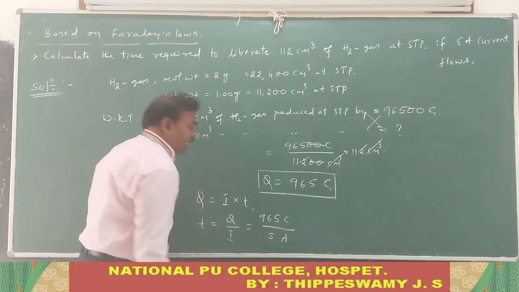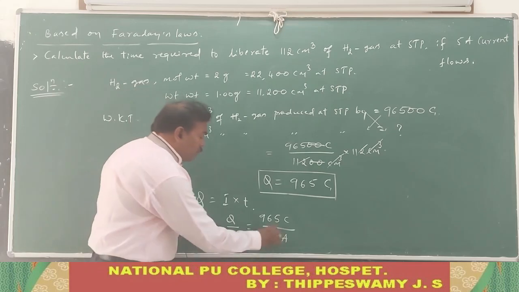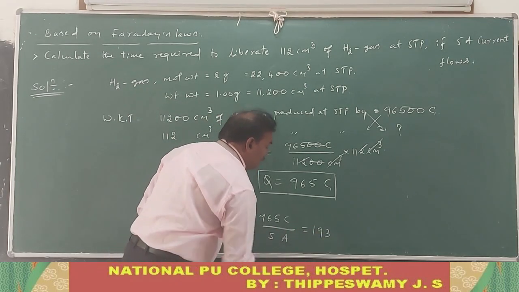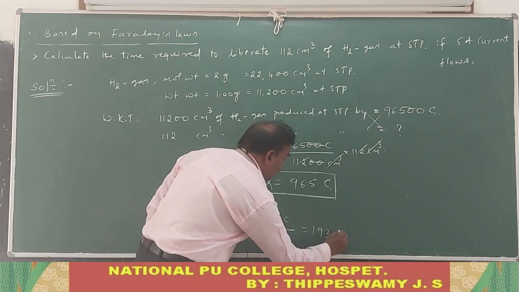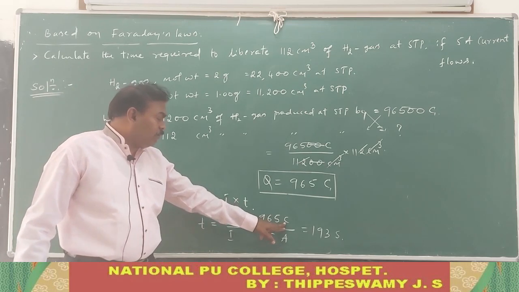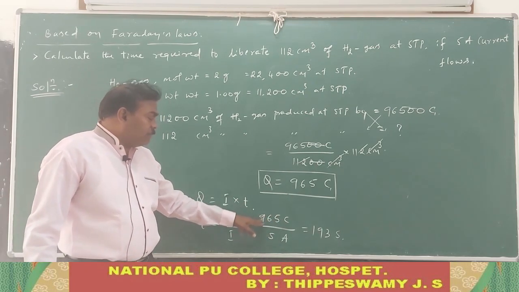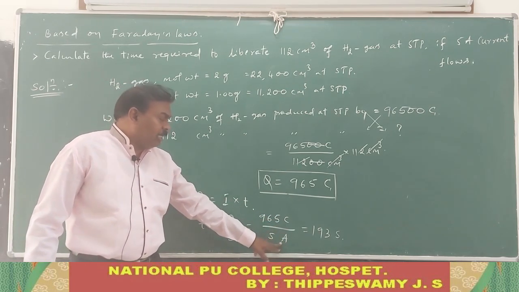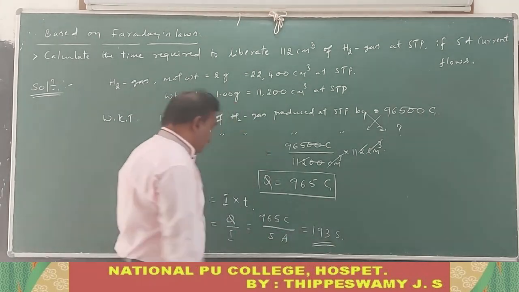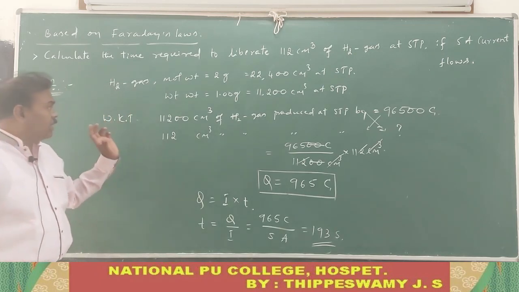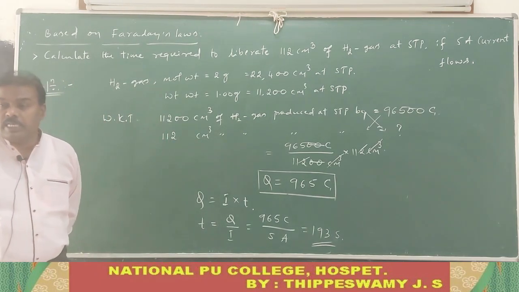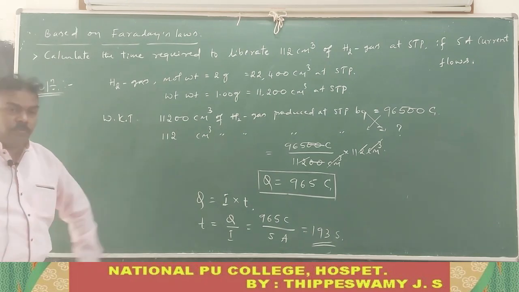On simplification we get 193 seconds. So 193 seconds is the time required to produce 112 cm cube of the hydrogen gas at STP. Following all of you?